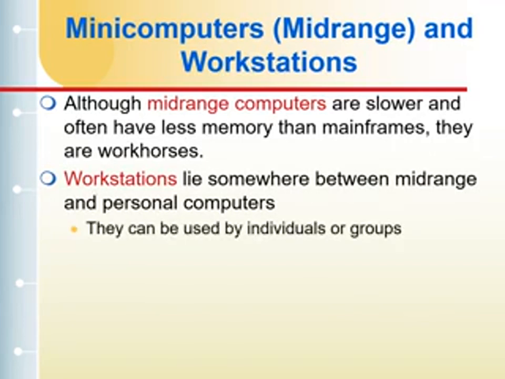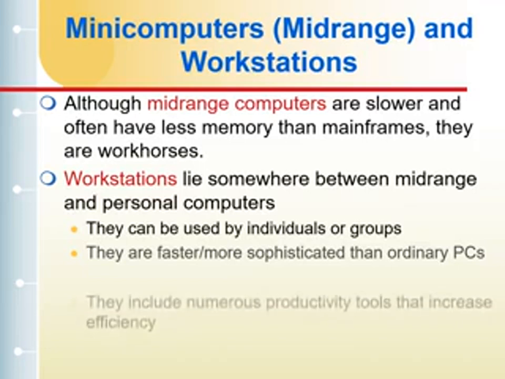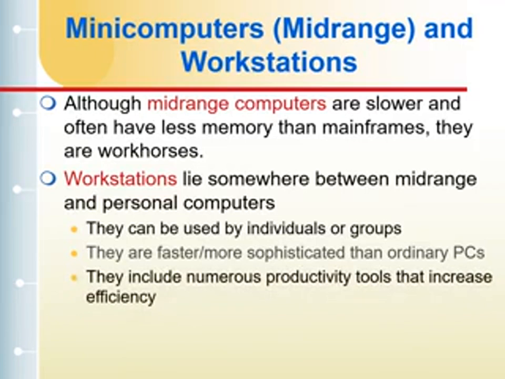They can be used by individuals or groups. They are fast and more sophisticated than an ordinary PC, like the ones we use in offices and at home. They include numerous productivity tools that increase efficiency. That's one good advantage about mini computers or mid-range.